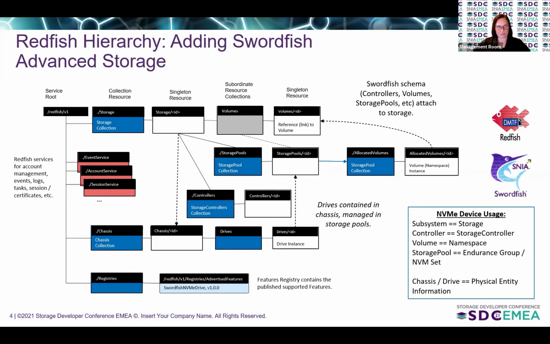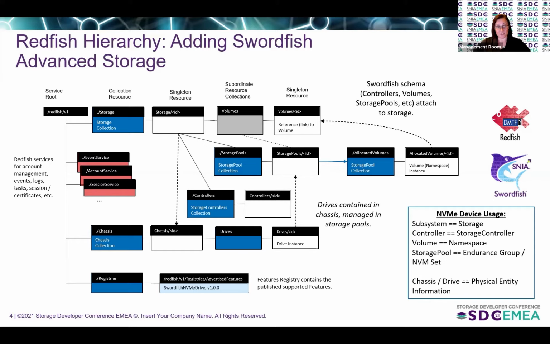And so out of this storage collection, we have the usual suspects of subordinate objects for a storage system, such as volumes, storage pools, controllers, and then consistent with the model we had in systems, we have references to drives.